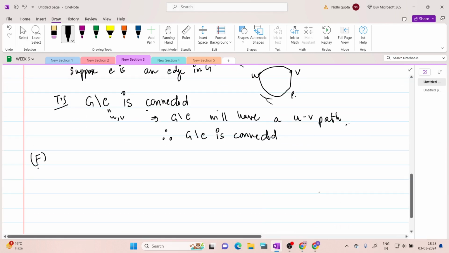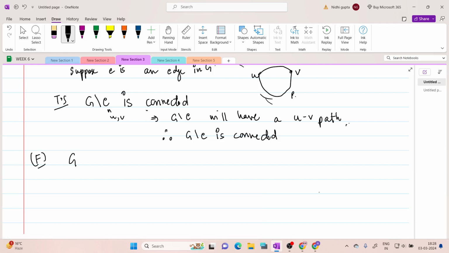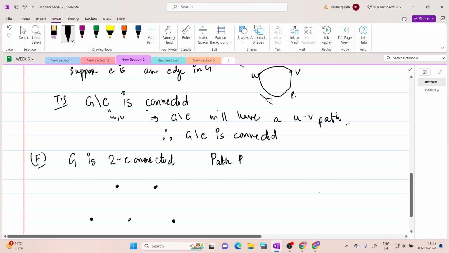This is false. So what kind of example do we have to give? We have to give a two connected graph, and we have to give a path P. Suppose I am taking K23.